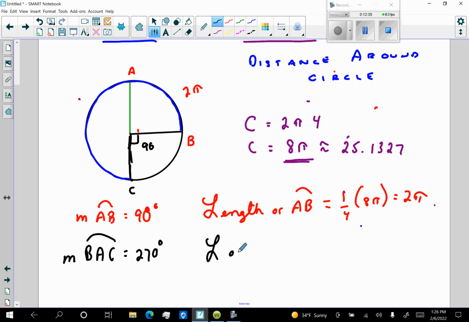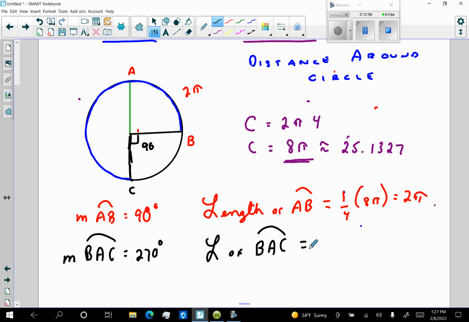Well, if I can talk about arc BAC, then I can certainly talk about the length of arc BAC. Notice I have an arc that starts at B, goes through the point A, and ends at C. And what do you think that length is going to be? Well, I think you are correct.